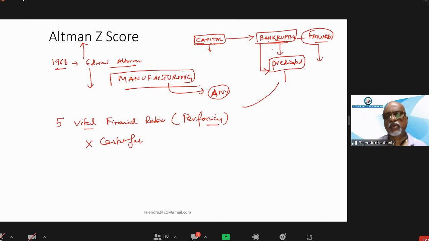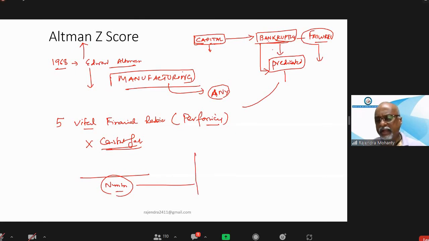Then he added all these five to get a number. So finally, a numerical figure is arrived at, and for this number he gave a range where it is falling.